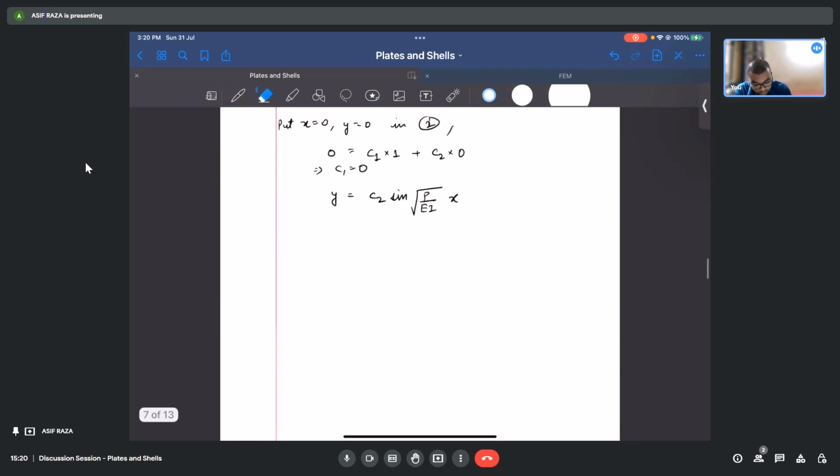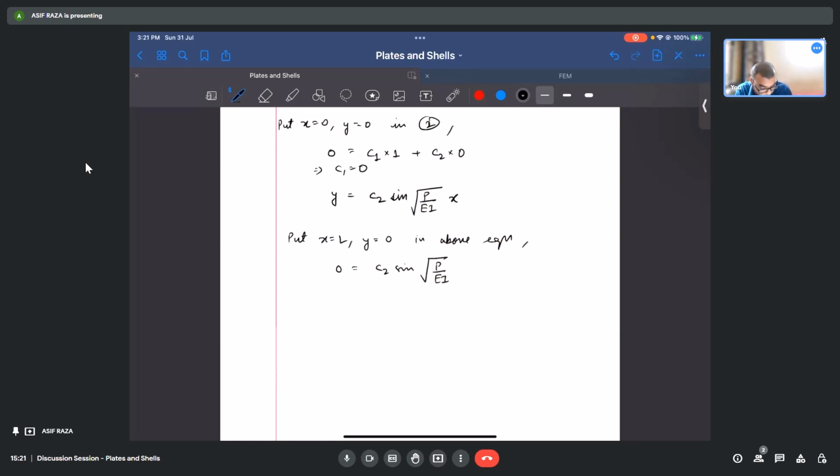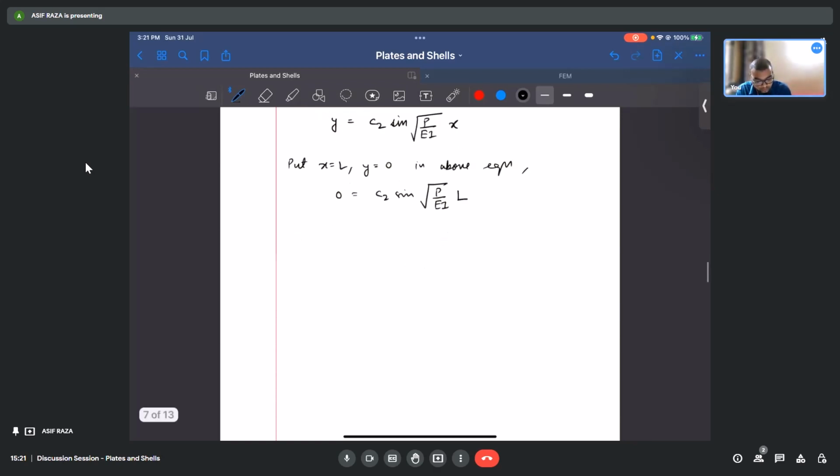Now using the second condition, that is put x equal to L, y equal to 0 in the above equation, we get 0 equals C2 sin root P upon EI L. To get the non-trivial solution, we'll see sin root P upon EI L equal to 0.